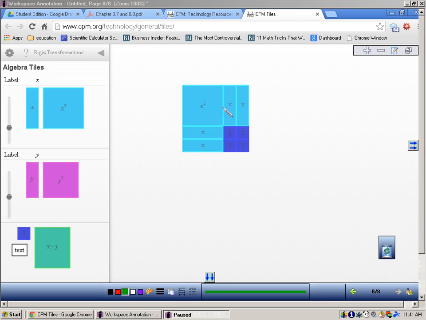And so if I were to think about it and look at the total area, the area would be 1x squared. How many x tiles? 1, 2, 3, 4, 4x. And I also have 4 1 by 1. And so that would be a perfect square quadratic.